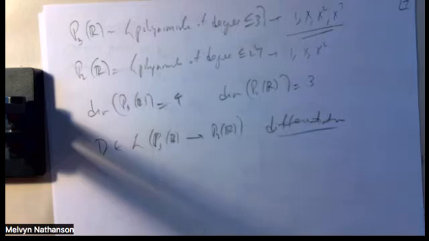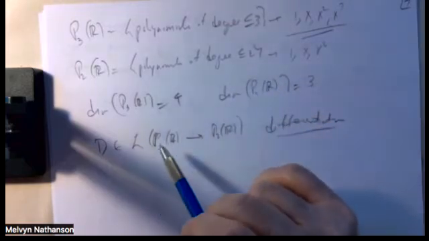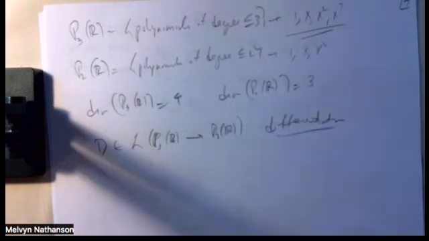And the derivative of a polynomial is a polynomial of one less degree. If you have a polynomial of degree at most 3, the derivative is a polynomial of degree at most 2. So differentiation maps this vector space to this vector space. And what is the matrix for this linear transformation?